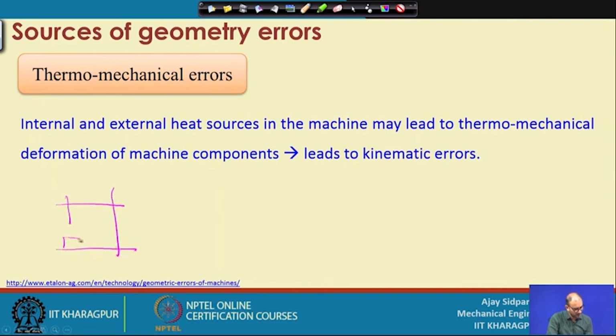This is the workpiece, this is the tool, this is the construction. Now, because of this temperature difference, what will happen? This particular component has some coefficient alpha, this one has a thermal coefficient alpha, this one also, and every component has a different thermal coefficient.